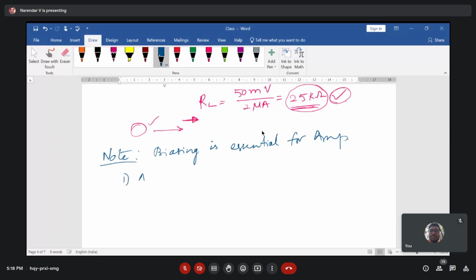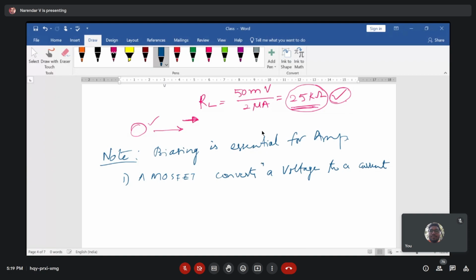a MOSFET converts a voltage, because you are applying a voltage, to a current.